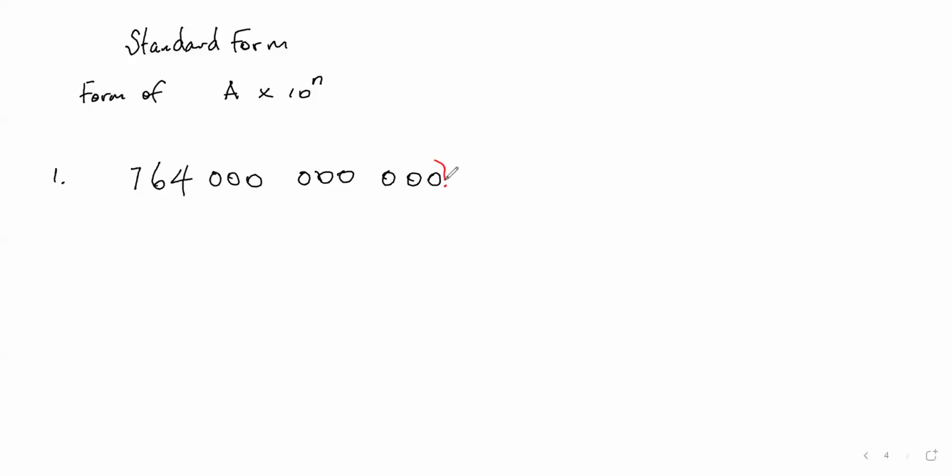So you're going to move 1, 2, 3, 4, 5, 6, 7, 8, 9, 10, 11. This is where it's going to stop. So now it's 7.64 multiplied by 10. You moved 11 spaces. Everybody okay with that? Everybody understands what I just did?